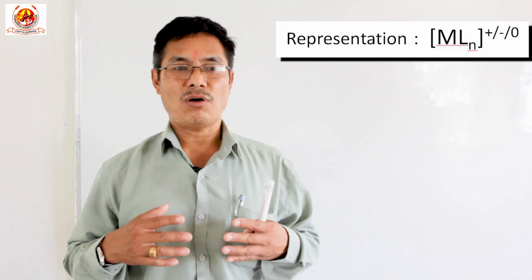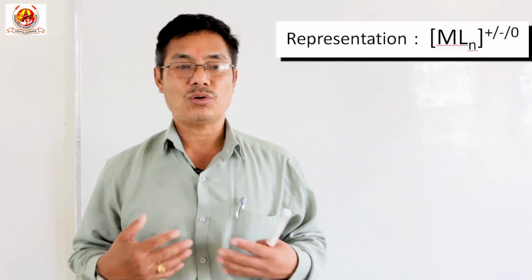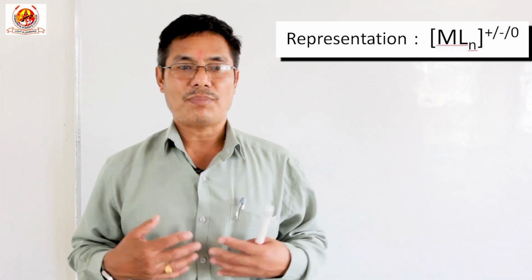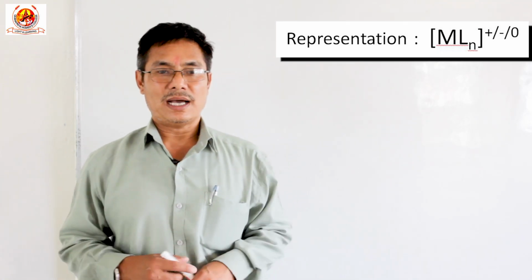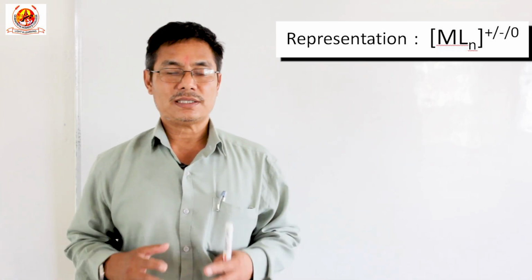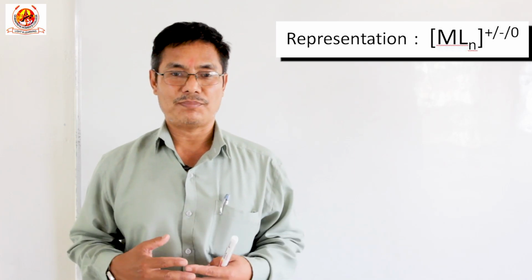It may be positive, or it may be neutral, that is no charge, depending on the partner ligand. So here are some important terms to be understood about coordination compounds.